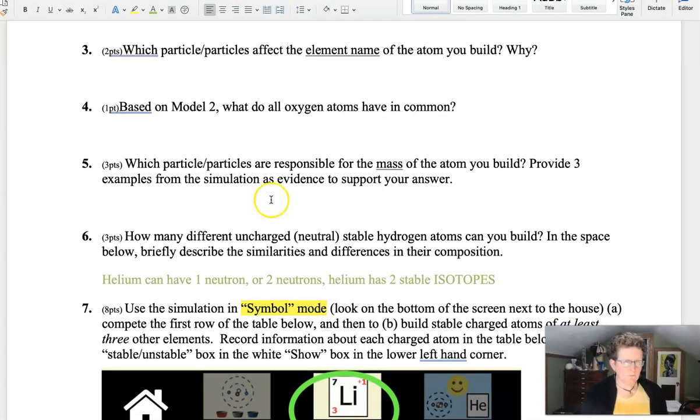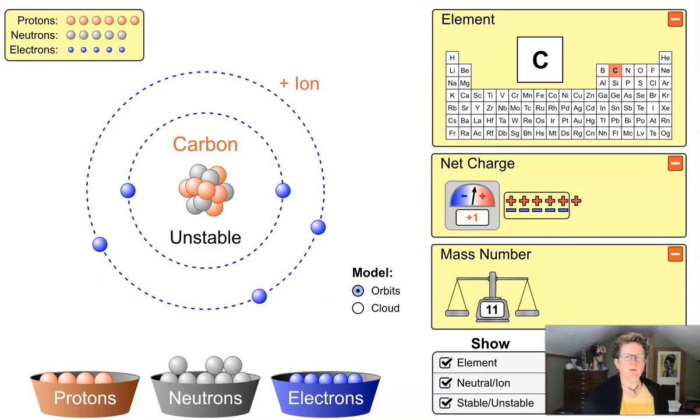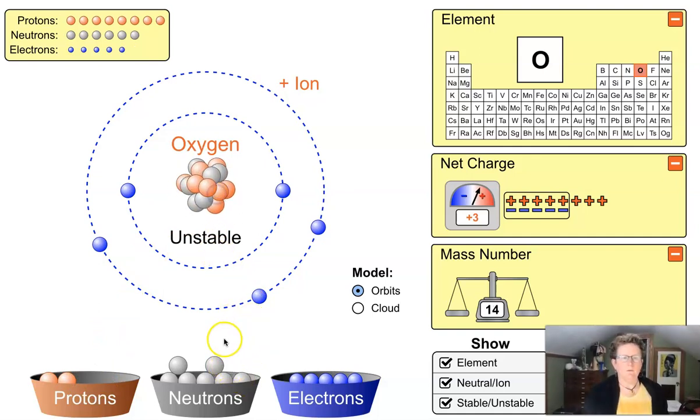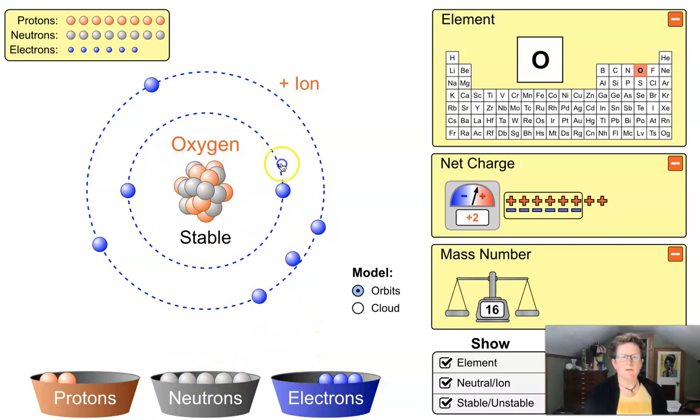Based on model 2, which is in the PhET, what do all the oxygen atoms have in common? Well, let's get to oxygen. Let's make an oxygen. There's oxygen. We can keep adding neutrons, and it's still oxygen. We can add some electrons, and it's still oxygen.